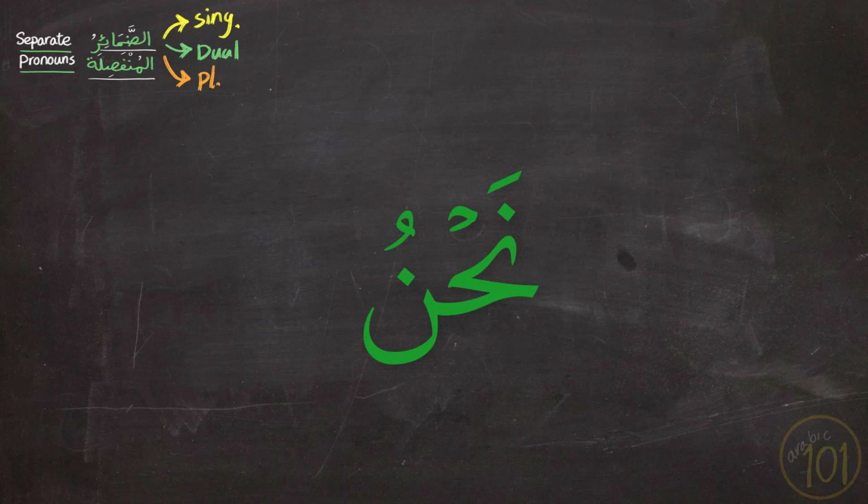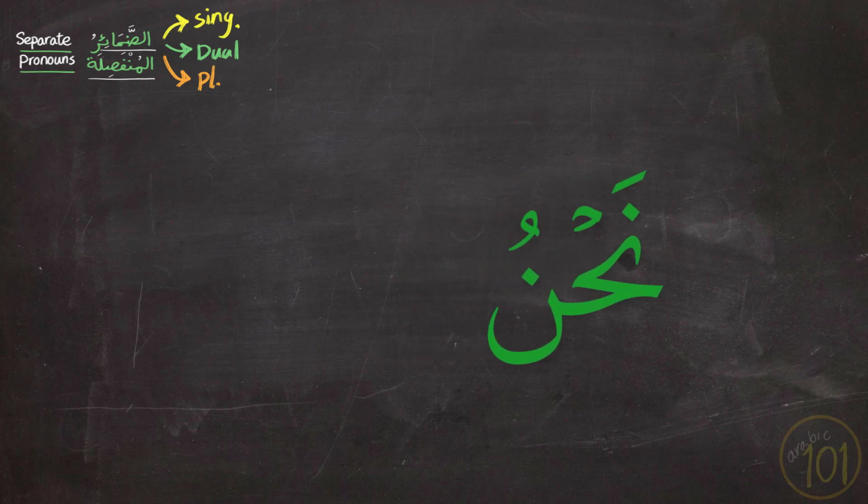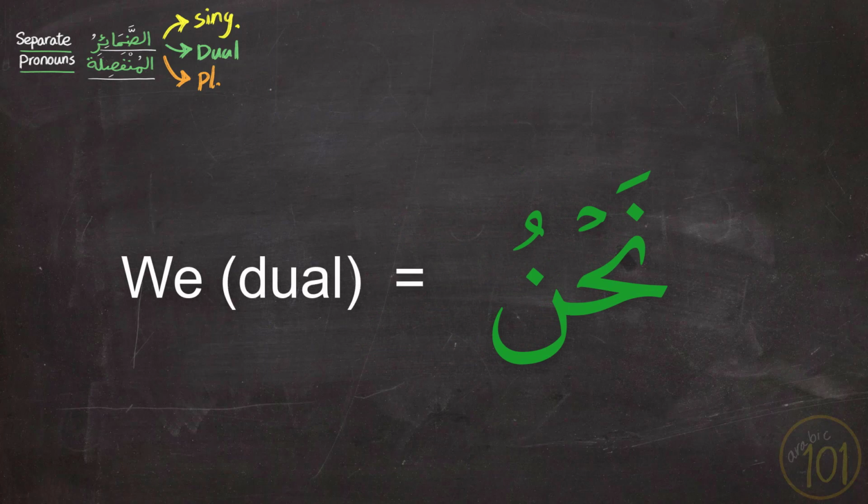And the first one is nahnu. And nahnu is used to refer to two people talking about themselves. So in spite of the fact that we translate it into we, it still means two in Arabic. But because we don't have a proper translation in English, we will have to stick with the translation of we.